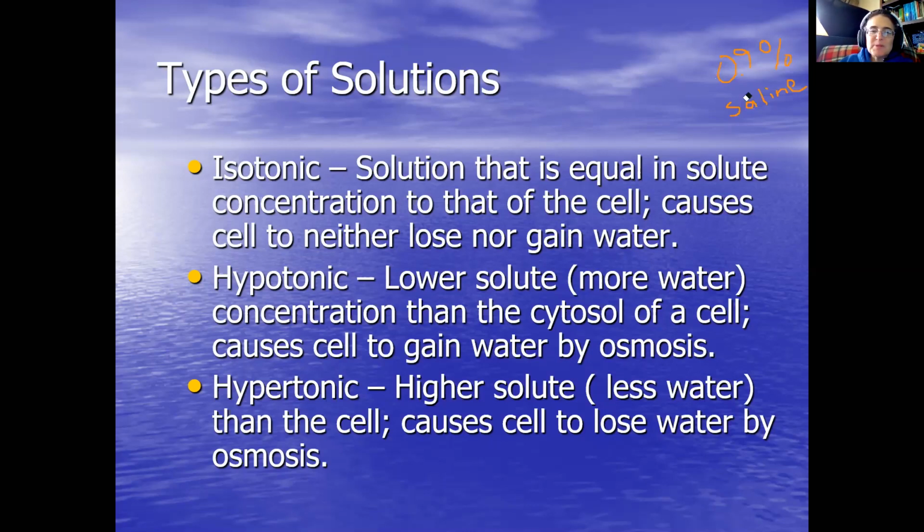Okay, 0.9% saline. So water will flow in and out equally. Okay, hypotonic. The hypotonic solution is where the water outside of the cell is more pure than what's inside the cell. If you've got salt dissolved in water, it's not pure, right? But if you've got, say, distilled water, we'll go to an extreme example there, there is nothing dissolved in it.